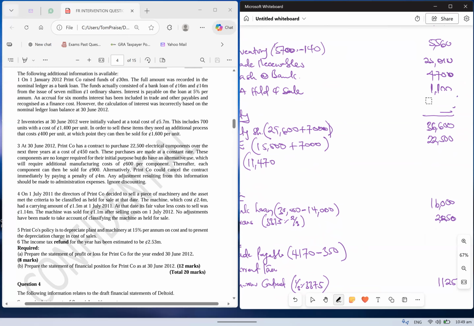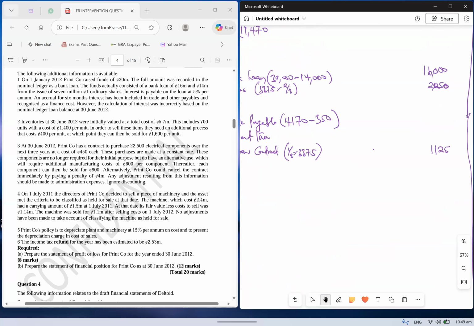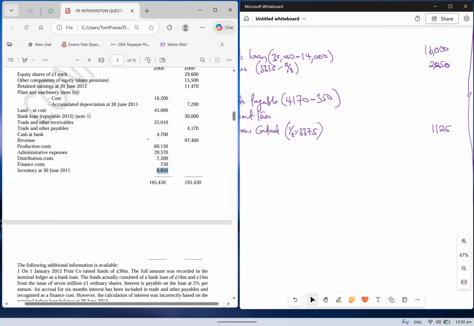Yes, please. 89,240. So the total will be 89,240. And this 2,530 is current tax assets. All right, so this is the one that we rather have. Let's continue the tax. Is there under or over provision in the trial balance?